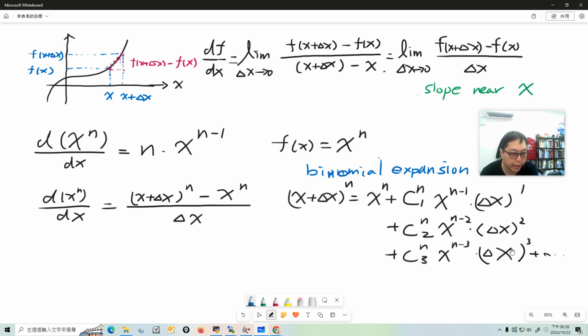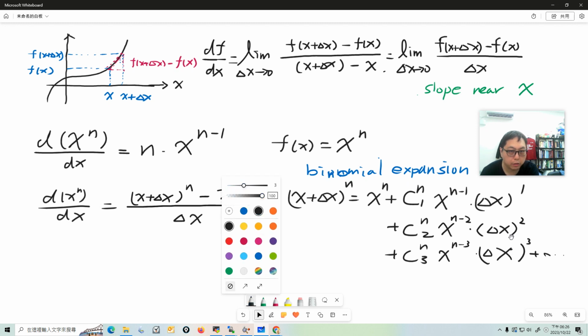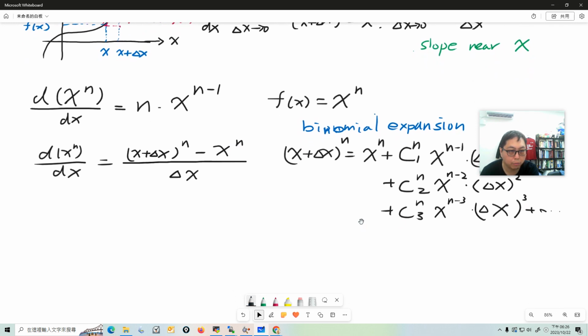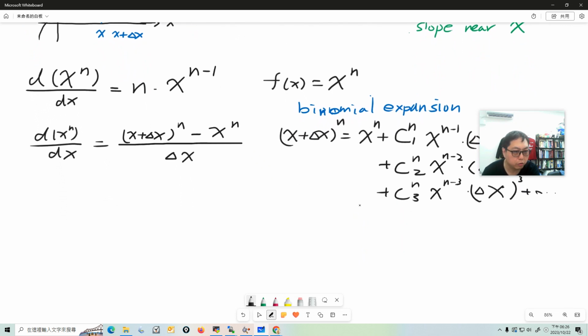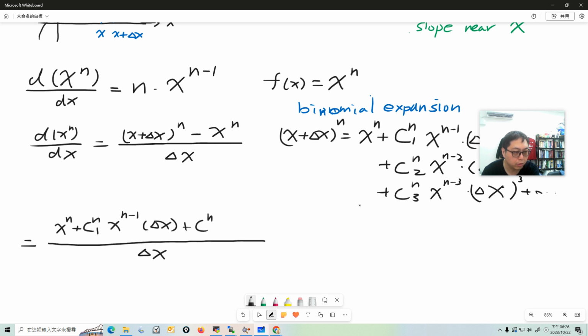So what will we get? It is a very long fraction: x to the n, plus C(n,1) x to the n minus 1 delta x, plus C(n,2) x to the n minus 2 delta x squared, and so on.